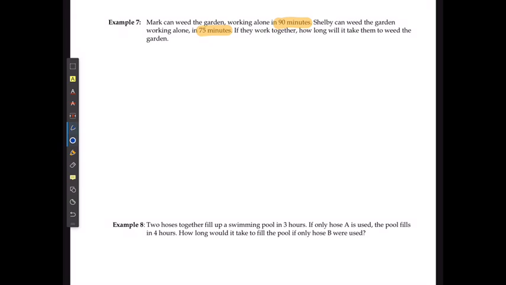I'm going to say that in this case, let X be the required time working together.